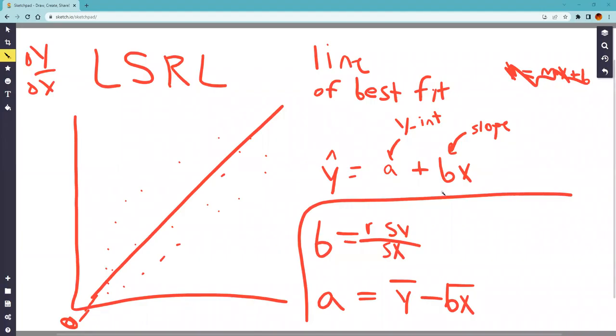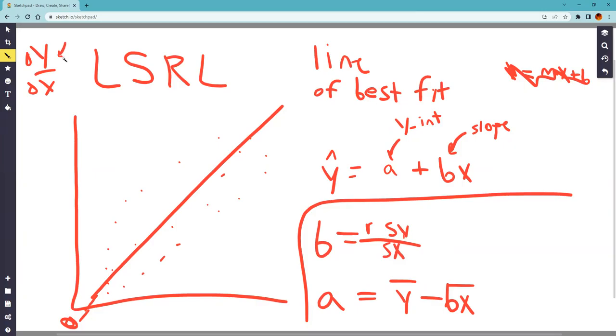Something that you might want to know is how to solve for b and a. They might be nice and give it to you, but they might not. And here's how. If you wanted to find b, well, I did just say it was rise over run, right? Well, we would have to multiply that by the correlation coefficient, r. And not just any y and x. It has to be the standard deviation of the y values over the standard deviation of the x values.